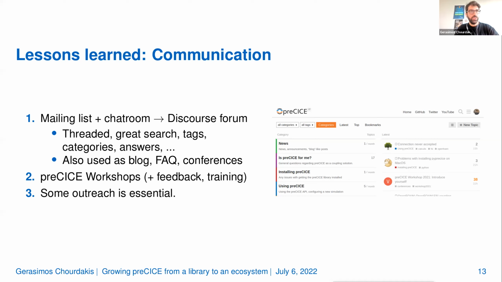We also have a chat room. This is on Gitter, but this is a platform that is slowly dying and potentially being replaced by Matrix. And many of you may have Slack. The problem there is that you cannot easily search in the past, and the discussions are not always in a threaded view.